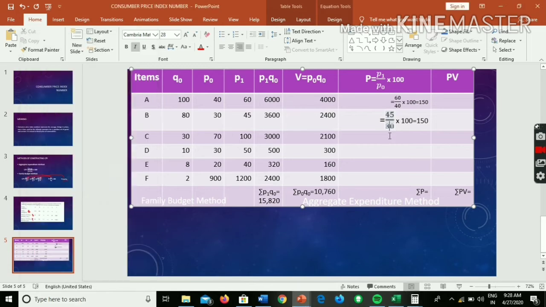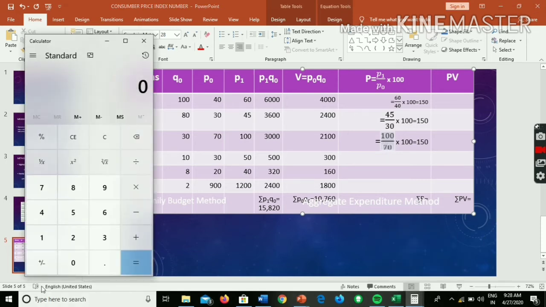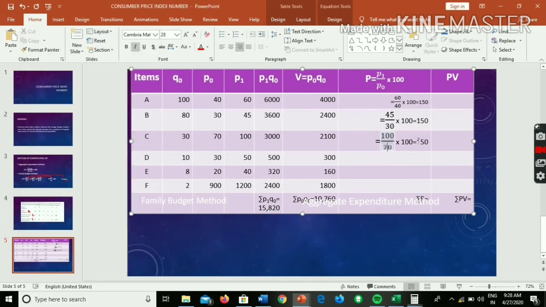Next, 100 divided by 70 into 100 gives 142.86.